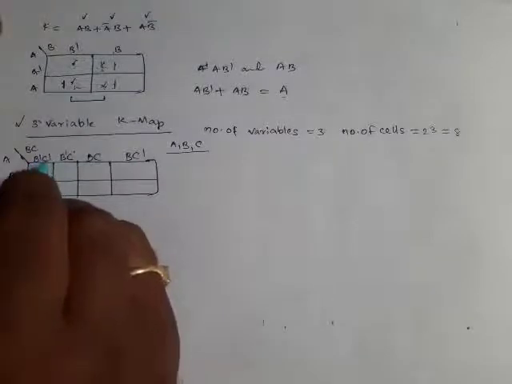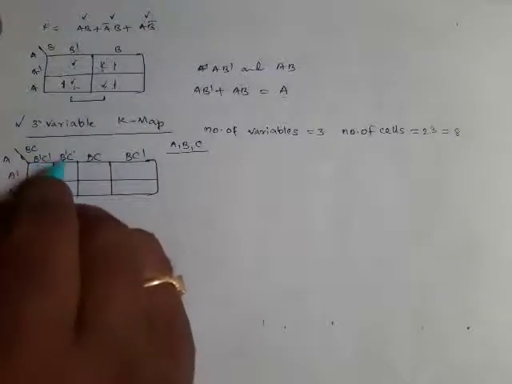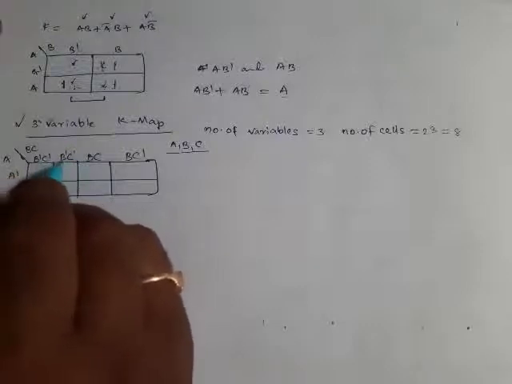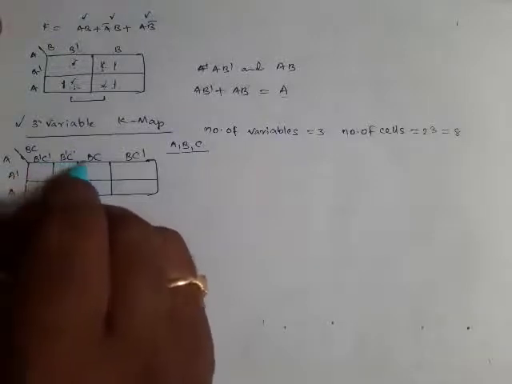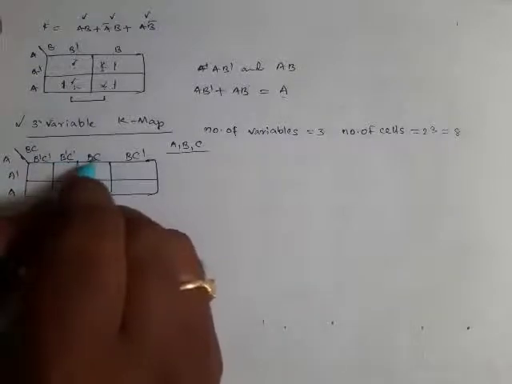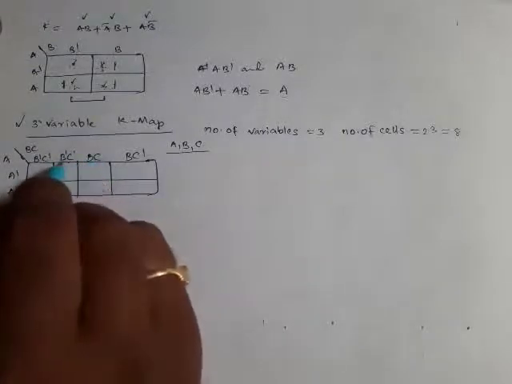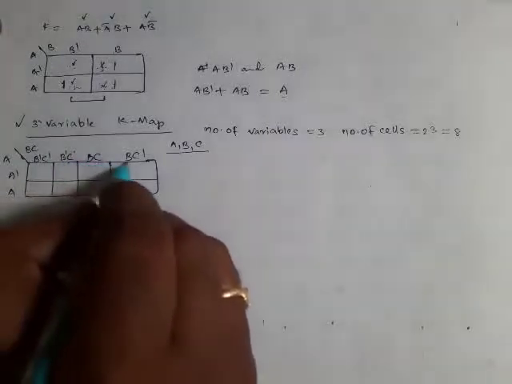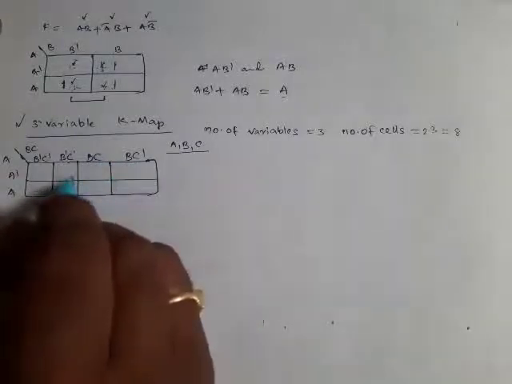So you can see how we represented this. b bar c bar is 0 0, then 0 1, only one bit changes. From 0 1, you cannot write 1 0 because both bits will change. So 0 1 to 1 1, only one bit changes, and 1 1 to 1 0, again one bit changes.